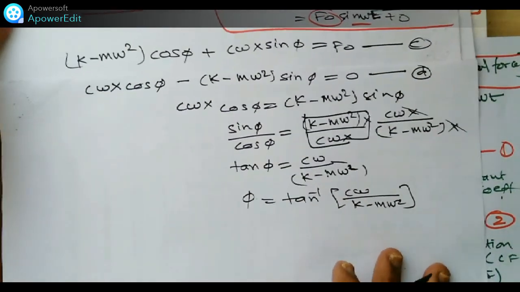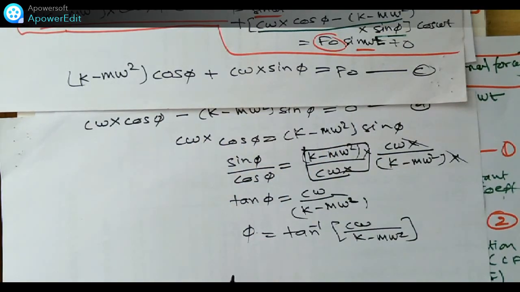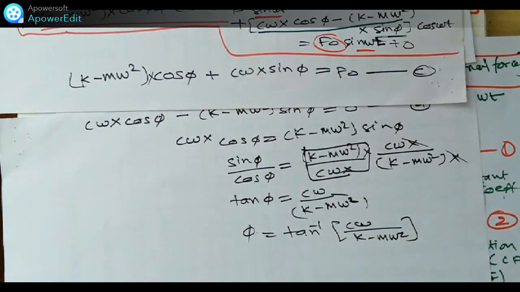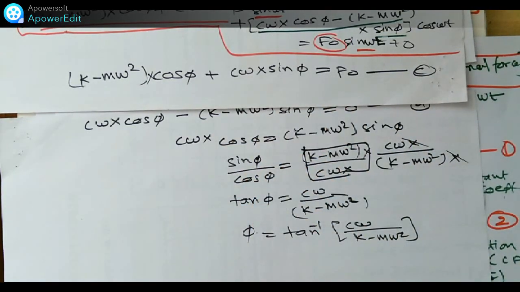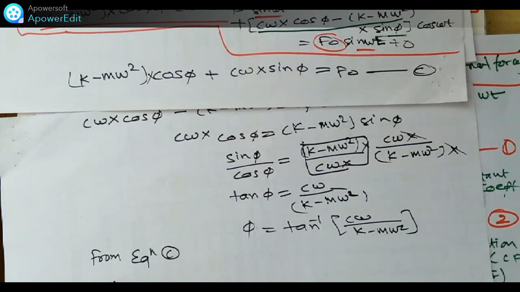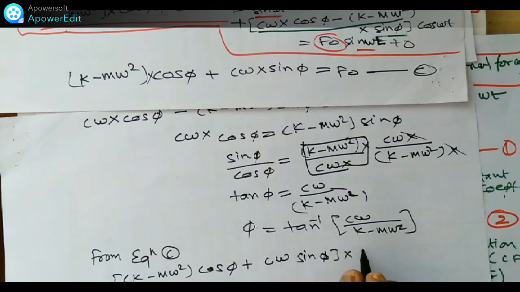What was equation C? From this equation we can find out the value of x. In this equation the x is there, we have taken it from outside. So I will write equation C: k minus m omega square cos of phi plus c omega sin of phi, into x, which is equal to f0.